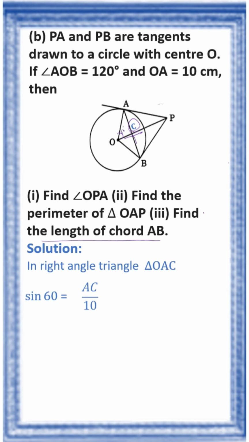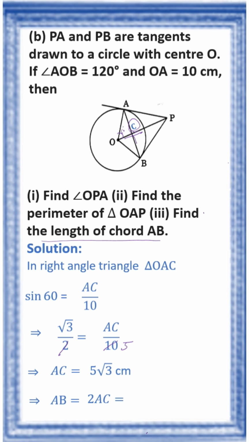Hypotenuse here is OA, that is 10 centimeter. Sin 60 is how much? Root 3 by 2. AC by 10. So 2 fives are 10. AC is 5 root 3 centimeter. So AB is equal to 2 into AC, that is equal to 2 into 5 root 3, that is 10 root 3 centimeter.